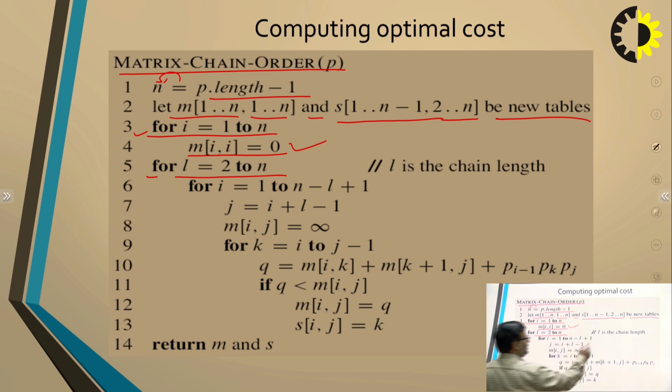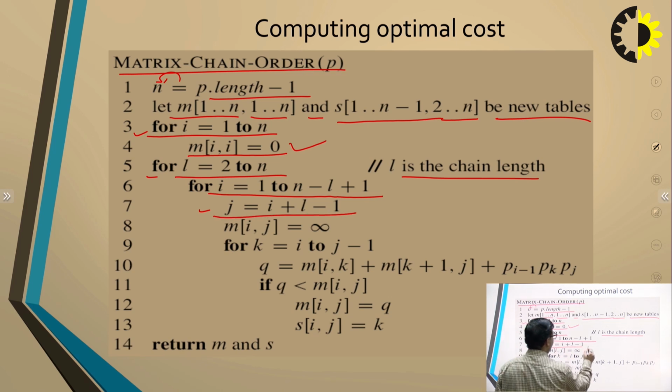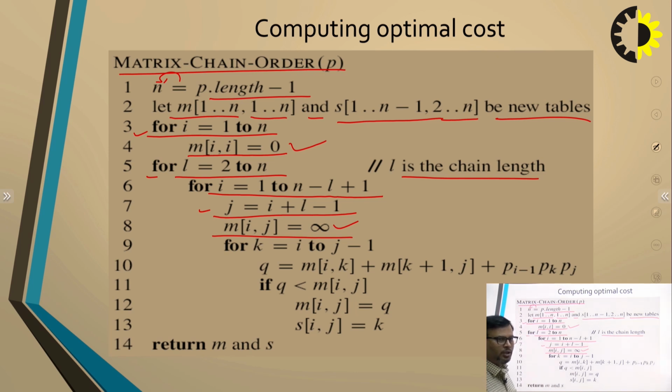where L is the chain length. Then here i from 1 to n minus L plus 1, and again we will take a next loop j equal to i plus L minus 1. In mij, in the starting way, in all mij we will put infinity. Why will we take infinity?